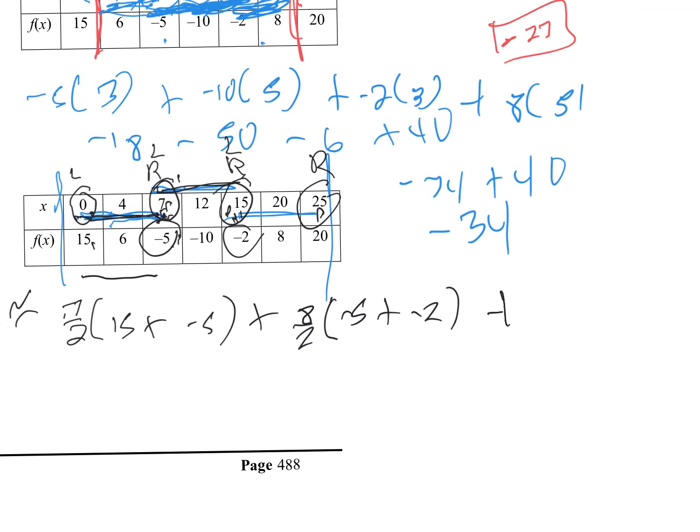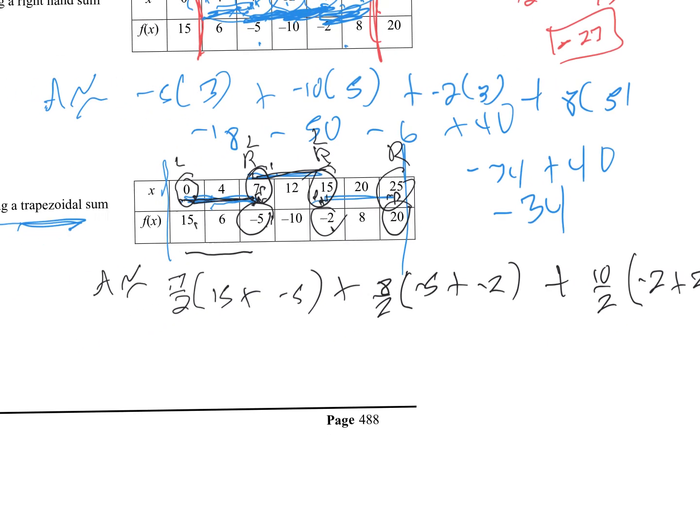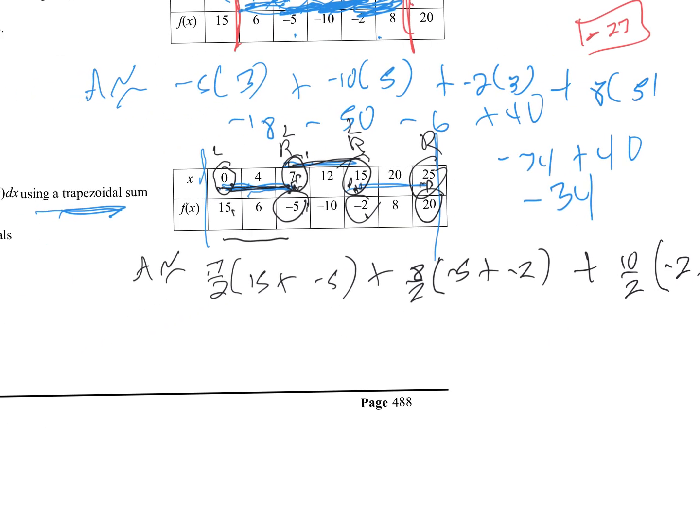One more, plus the distance between the 15 and the 25 is the 10. That's 10 over 2, h divided by 2. This base is a -2, plus this base is a 20. So I have 17 halves times 10 plus 4 times -7.